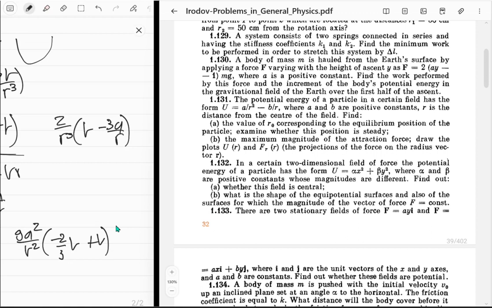It may or may not be attractive. When it's zero plus, this will be approaching negative infinity. Yes, but if it's zero plus, then r is in fact, okay. This makes no sense, but this is how it is.